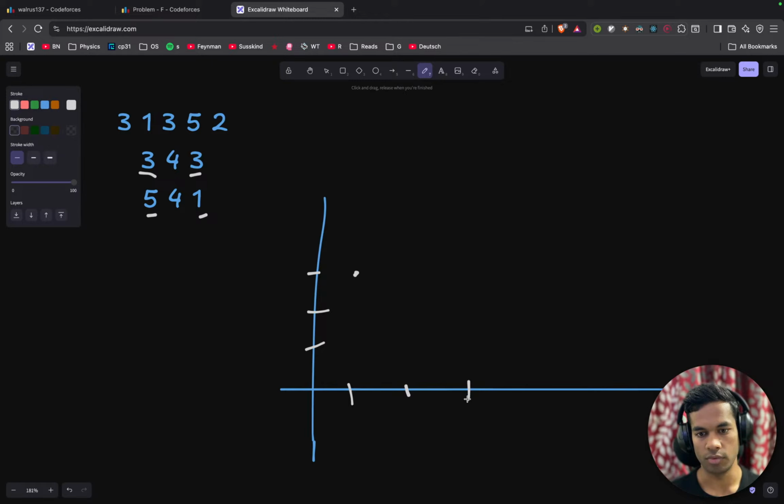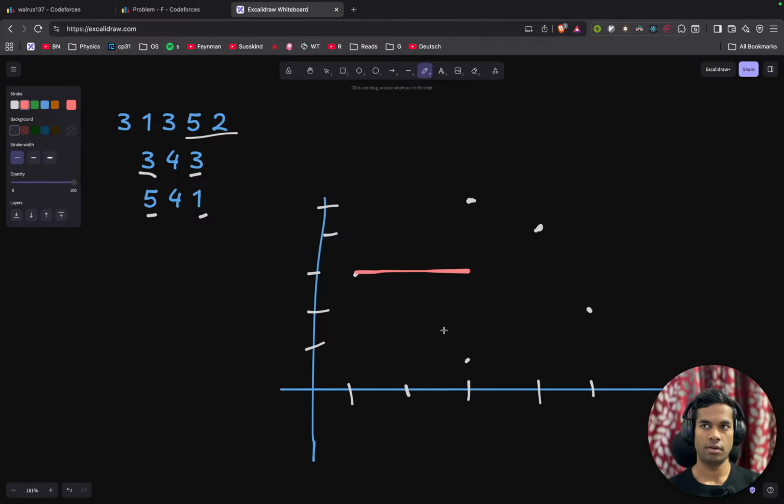So 2 3 1 and at 3 5, and the next one is at 4 4, and we have to end up at 5 2 here. So we would begin from this point, we would go directly here. Makes sense.